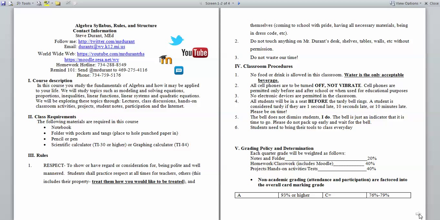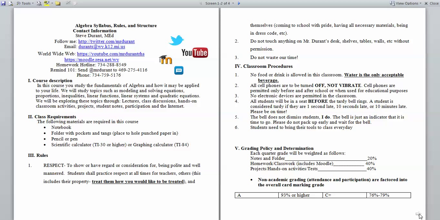Now, as far as classroom procedures, no food or drink is allowed in the classroom. The only acceptable beverage is water. So if you come into class with flavored water, Gatorade, whatnot, I may ask you to put it away, or I may ask you to put it on my desk. Cell phones are to be turned off, not on vibrate.